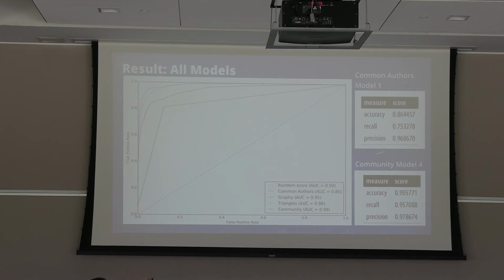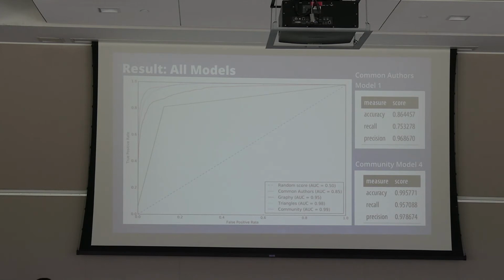And you can see here we ran some analysis for accuracy, recall, and precision over these models. In our first model, our precision was actually really good, almost 97%, but our accuracy and our recall were all right. But by the time we got to the end, so we stacked on all these models, up to model 4 with all of these extra network features, we have almost 100% for accuracy, recall, and precision.